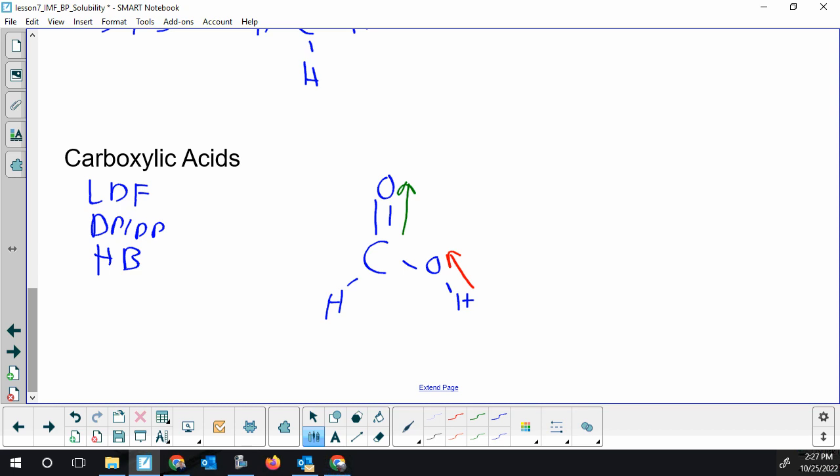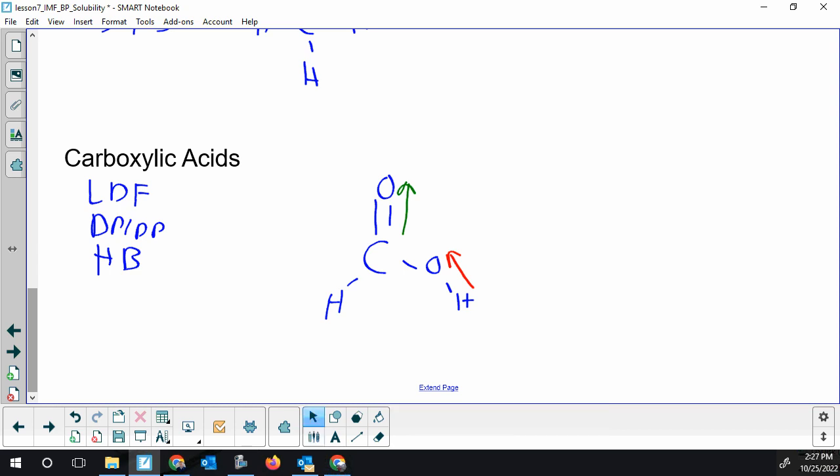Then probably the organic halide if it's polar, and then you'd be looking at the hydrocarbon. Again, assuming that all the electron count is the same. If you had a whole bunch of alcohols, hydrogen bonding would be a tie. You have ethanol, methanol, propanol. They all have one OH, so then you'd look at London dispersion to break the tie.